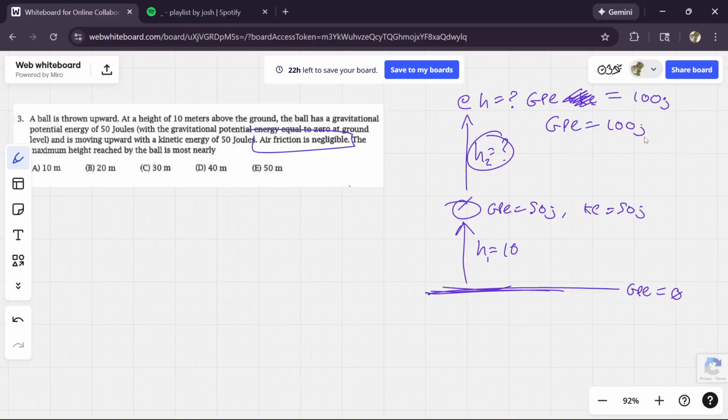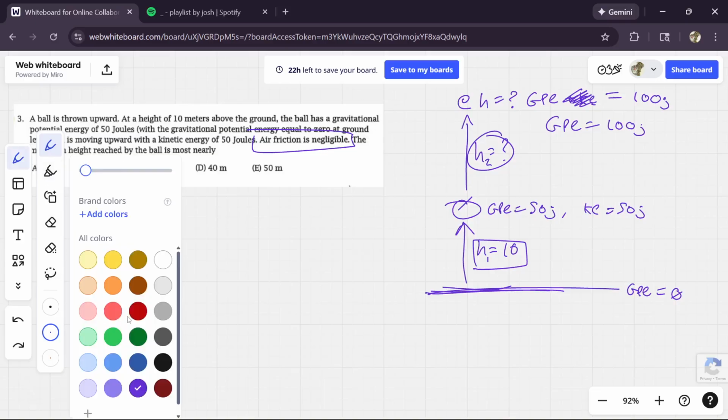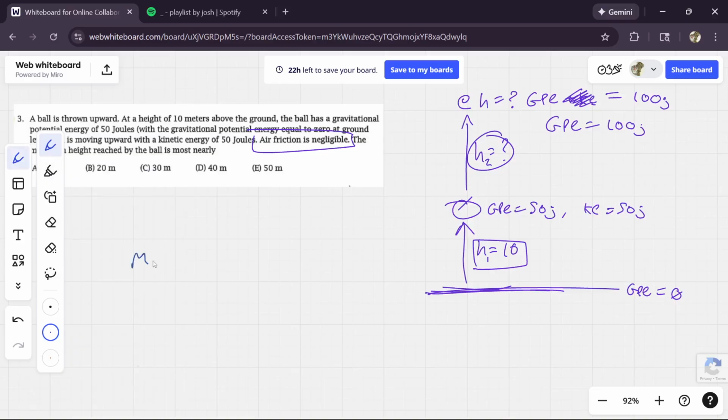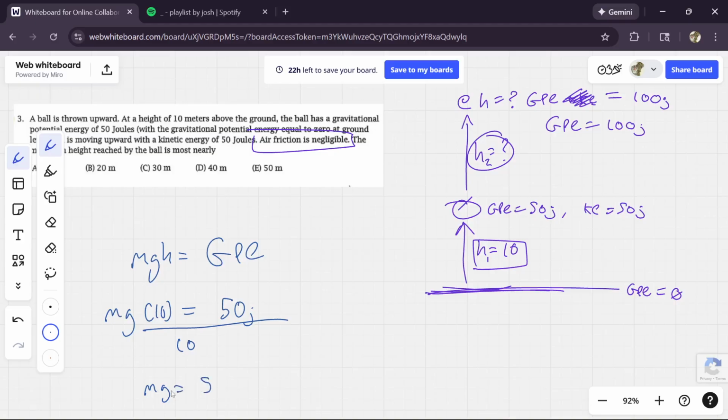And that kind of goes into the next part where now we have to solve for H. Well, they give us H down here, and that allows us to solve for mg. So if we know that mgh is our equation for GPE, and we know that GPE is equal to 50, equal to mg10, then we just divide both sides by 10 and we get that mg is equal to 5.